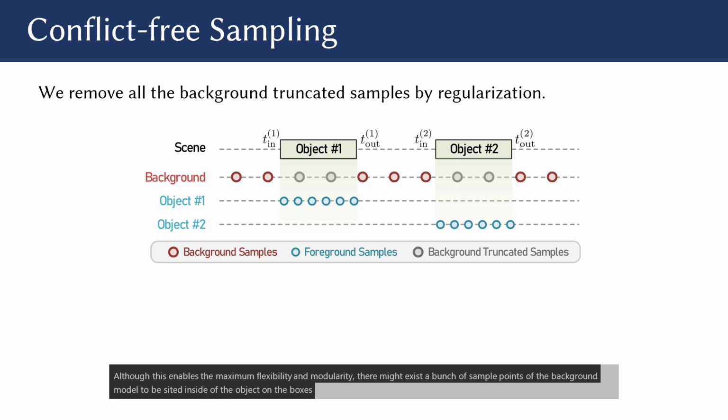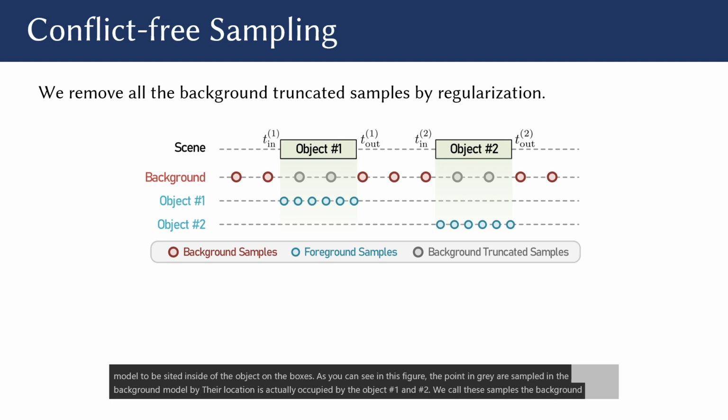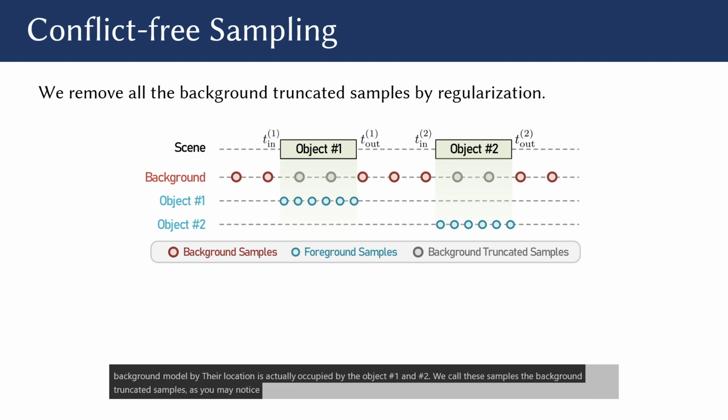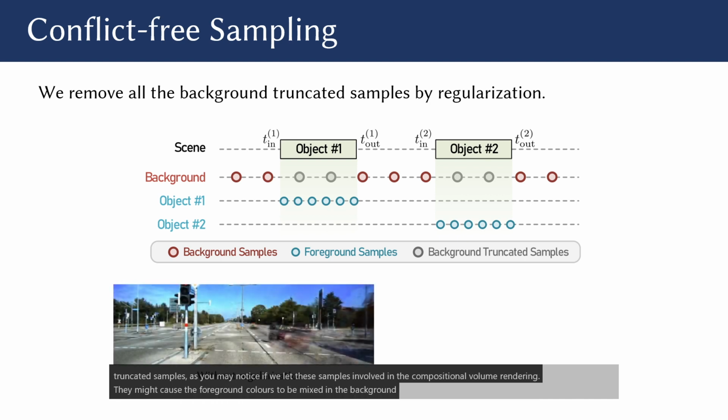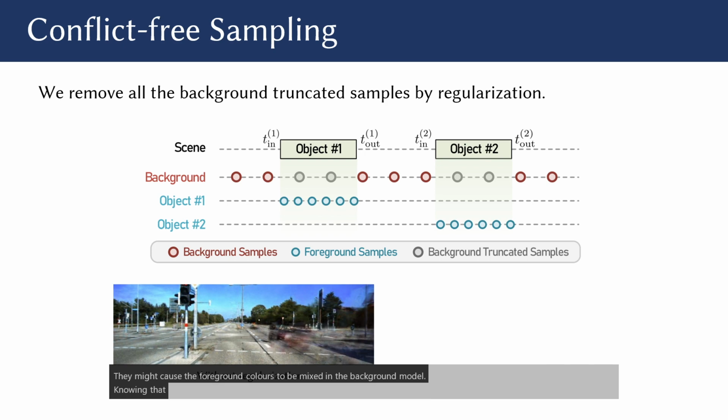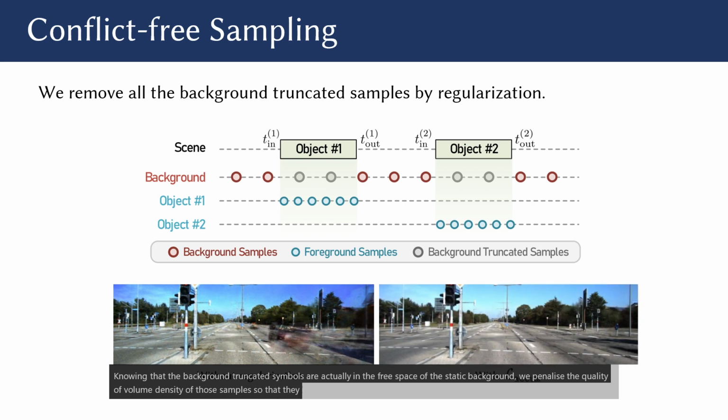As you can see in this figure, the points in gray are sampled in the background model, but their location is actually occupied by object number 1 and number 2. We call these samples the background truncated samples. If we let these samples get involved in the compositional volume rendering, they might cause the foreground colors to be mixed into the background model. Knowing that the background truncated samples are actually in the free space of the static background, we penalize the volume density of those samples so that they do not affect the final performance.